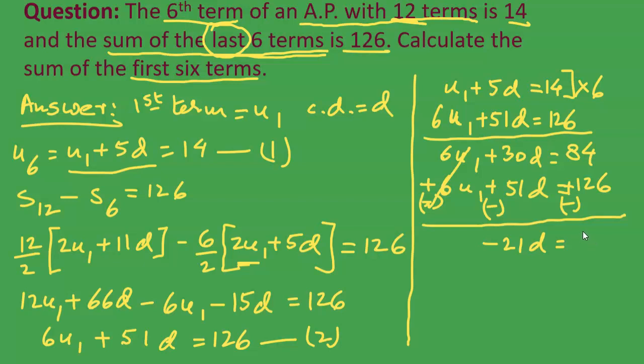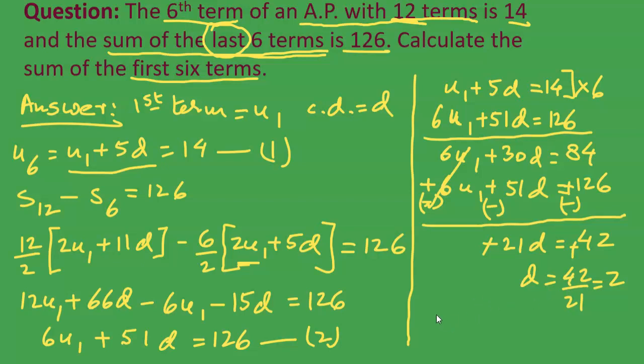That is minus 42. So obviously the negative signs will cancel if I multiply or divide both sides by minus 1. So d is equal to 42 over 21, which is equal to 2. Okay. We have found the numerical value of d.